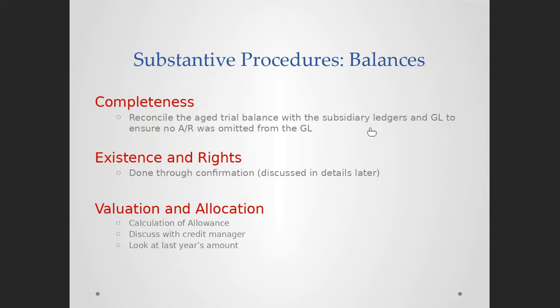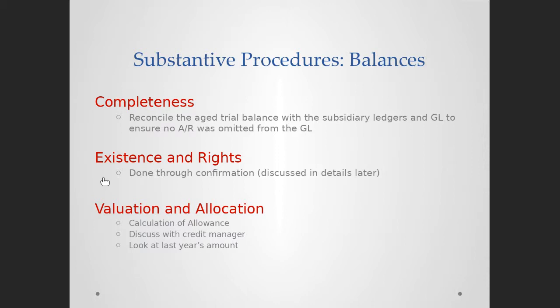So the subsidiary ledger lists all the accounts receivable under each customer. If you compare the two, if you look at the 30, 60, 90-day old and compare that with the subsidiary ledger, and if something is missing from one of these two places, that means there is something not completely recorded. Something is missing from the balance. Okay. So by checking and comparing the two, it will tell you whether everything is completely recorded in the balance sheet or not.